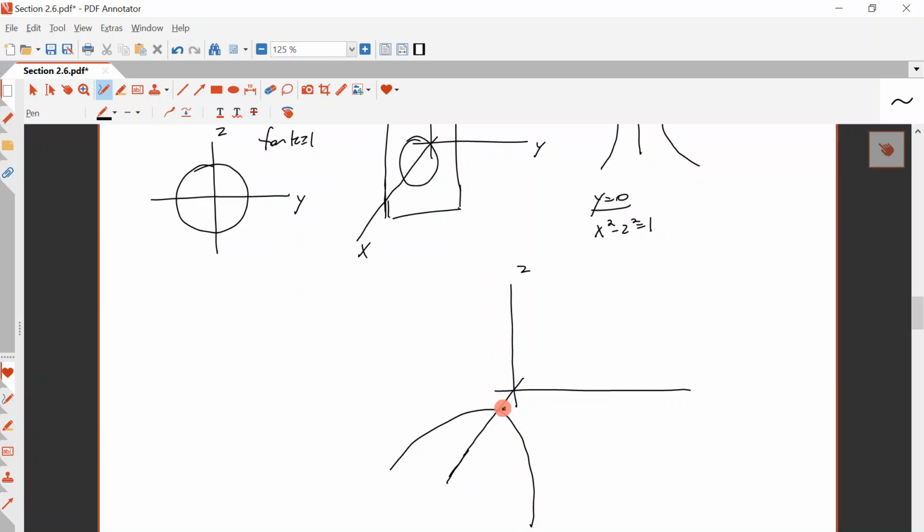This is x equal to 1 over here, in the xy plane, and then you have a similar copy back here. And now I can put those circles on there, and this is called a hyperboloid of two sheets.